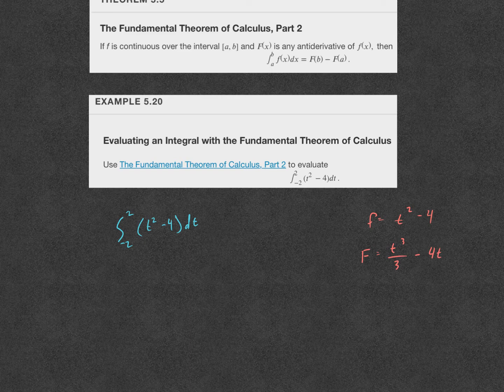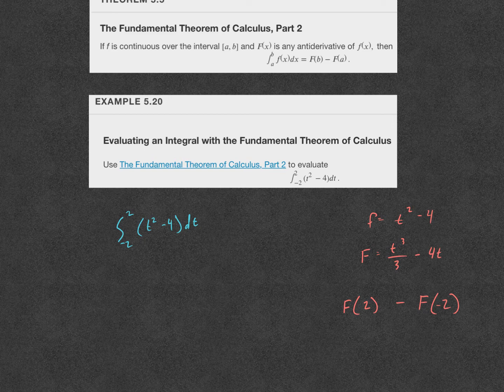All right. So the next step is to evaluate F at one endpoint, 2, and then subtract out F at the other endpoint, -2. F of b minus F of a, with the capital F, the antiderivative function.